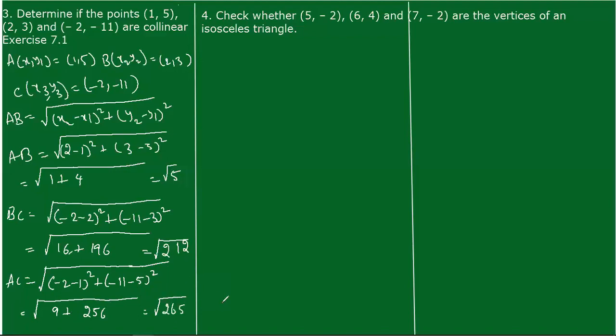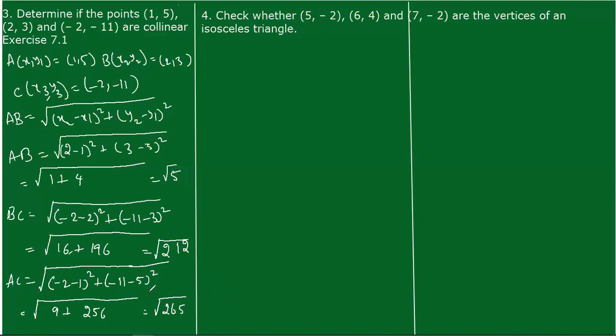Now you can see clearly AB is root 5, BC is under root 212 and AC is root 265. So AB plus BC cannot be equal to AC.